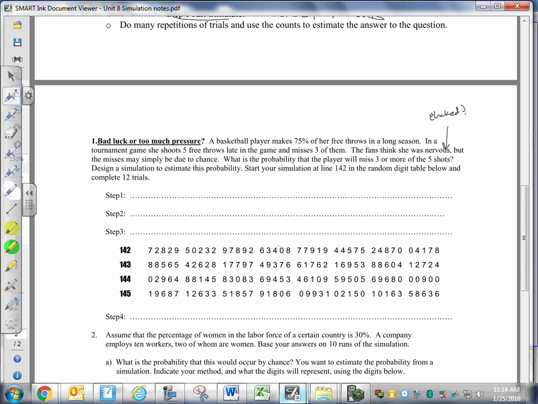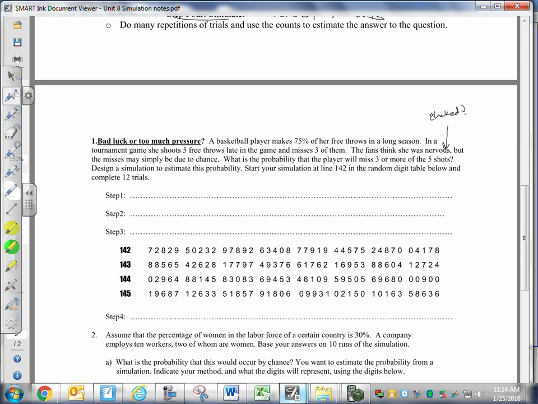But you think, because you're a statistician, that the misses may simply be due to chance and that it's okay that you miss 3 out of 5 if you're a 75% free throw shooter. The question is, what is the probability that any player who's a 75% free throw shooter will miss 3 or more of the 5 shots?